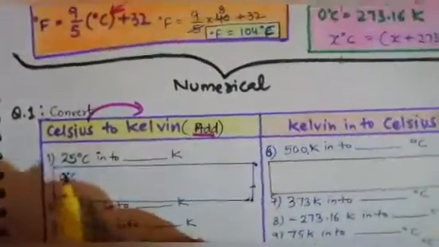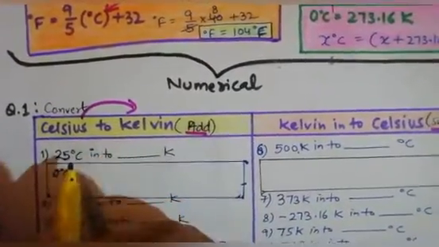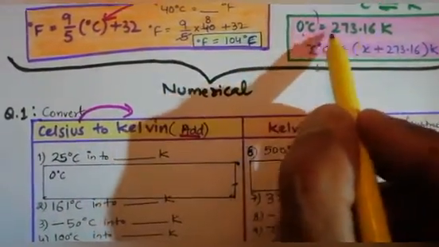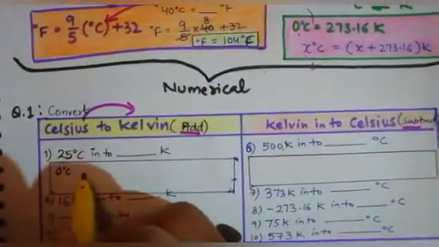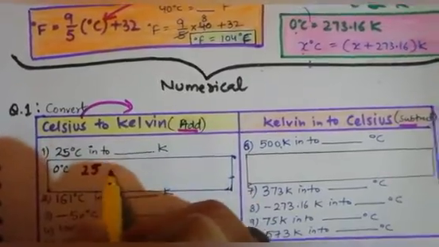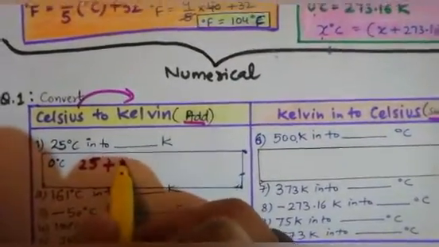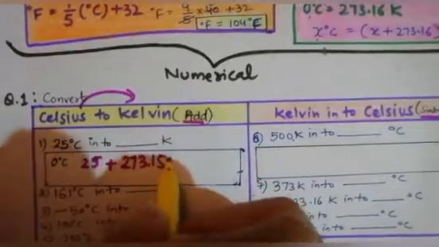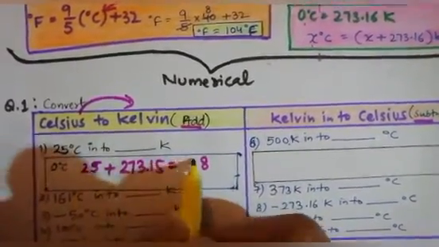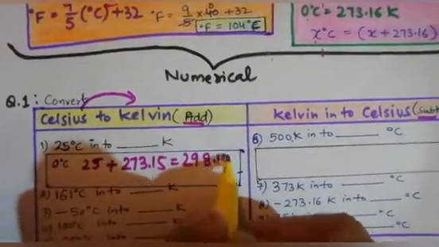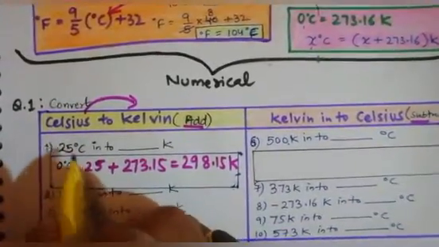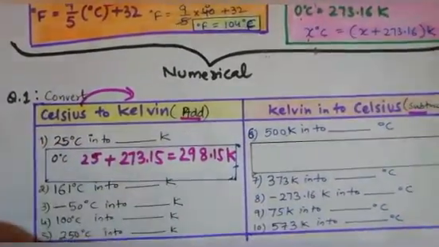Suppose this is the first question: how many Kelvin will 25 degrees Celsius be? Using the simple formula, x is 25 here, so 25 degrees Celsius is equal to 25 plus 273.15, which is 298.15, but don't forget to write the unit Kelvin.